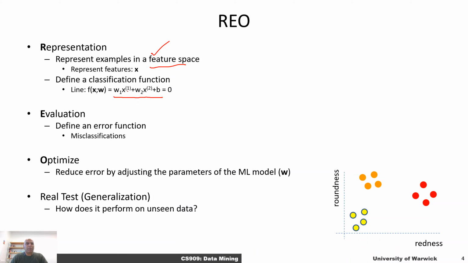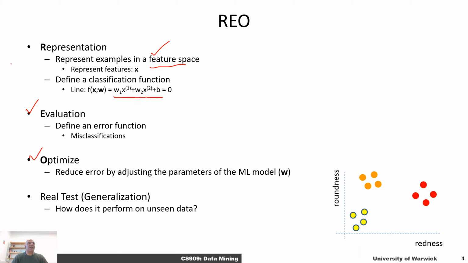And then the problem becomes we want to find a line or a function that allows us to classify these objects correctly for the training data sets because we know the training labels in our data set. So we're going to use that in order to first define how much error a particular line is making, and then we are going to try to minimize that error in the optimization stage.